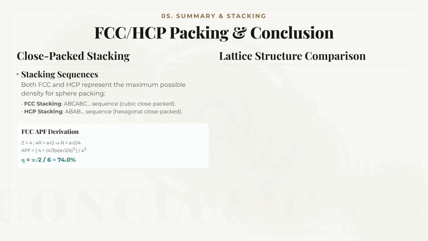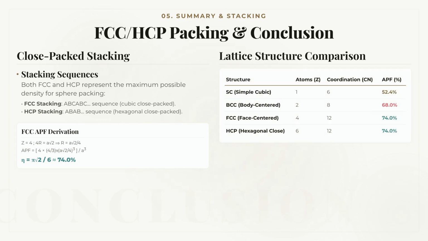Substituting this relation into the packing efficiency formula gives π/(3√2), which is approximately equal to 0.74. Thus, the packing efficiency of FCC is 74%. This is the maximum possible packing efficiency for identical hard spheres.